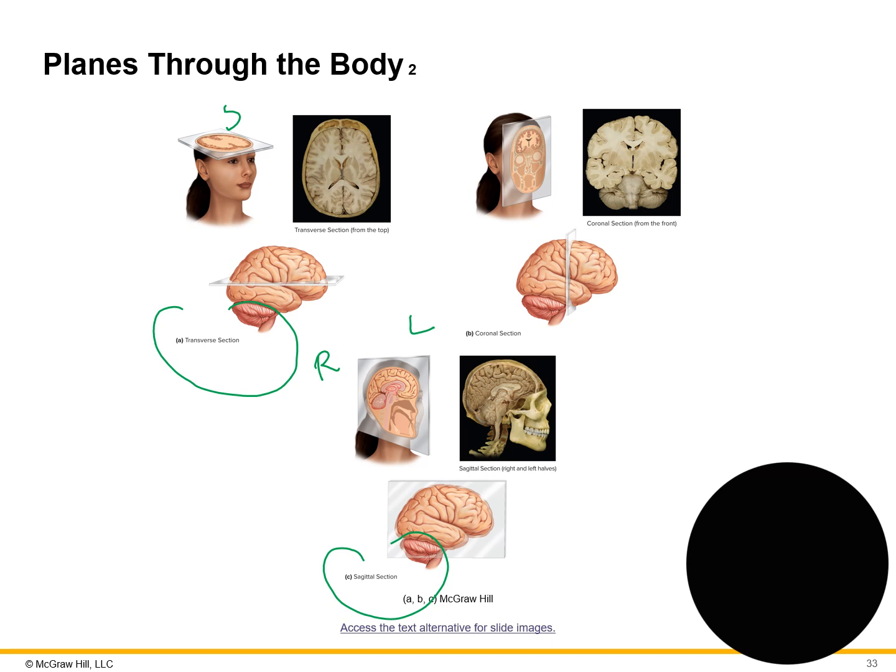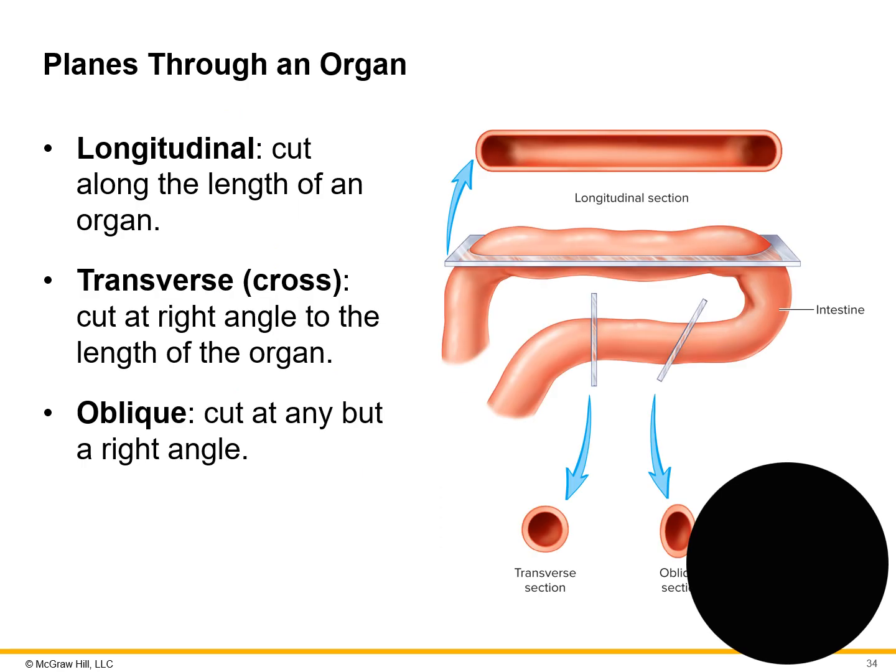With this one, we can see that somebody took the anterior portion from this person, and only the posterior portion is left. So that's the coronal section. The longitudinal section is what? This. So this is the oblique section.